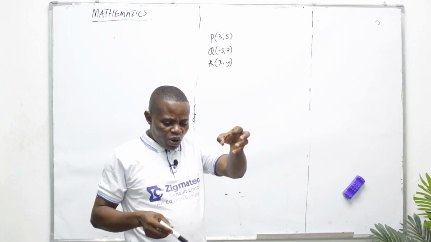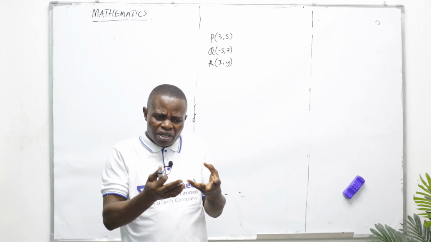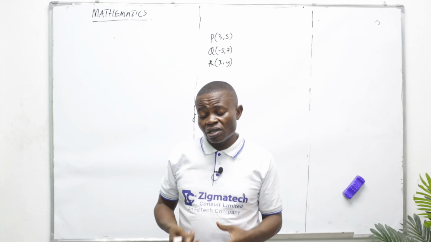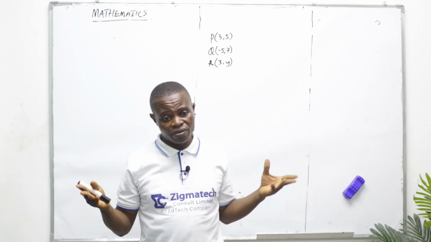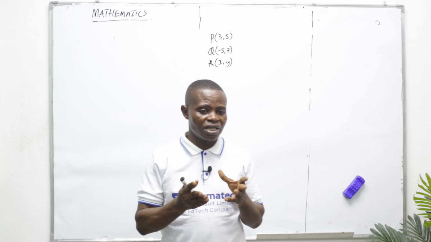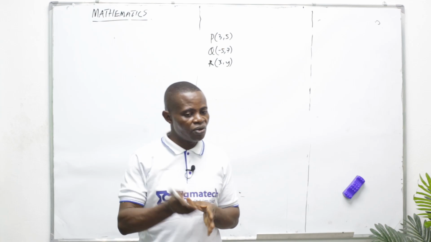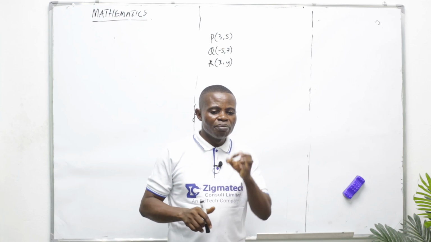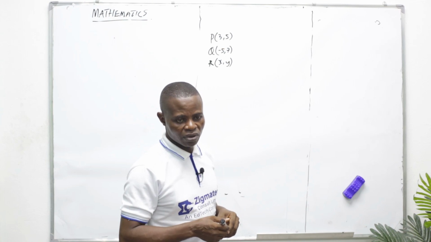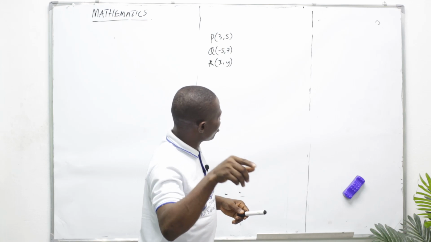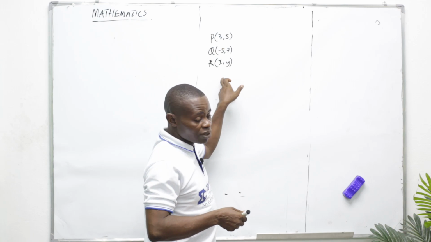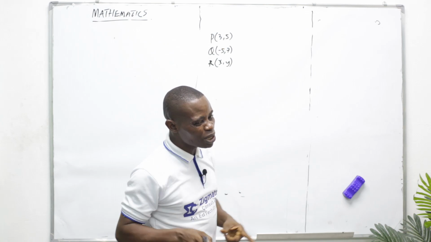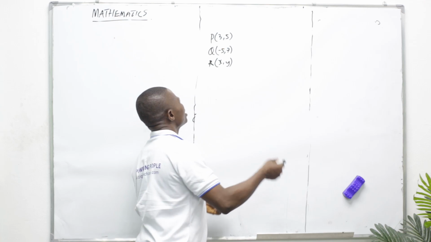Now the midpoint. There must always be a direction, just like somebody solving bearing, there is a direction given to you. Follow the instruction. The midpoint of PQ is R (x, y). So where is PQ?